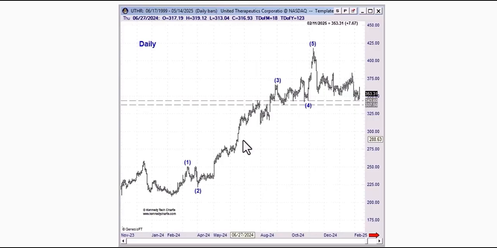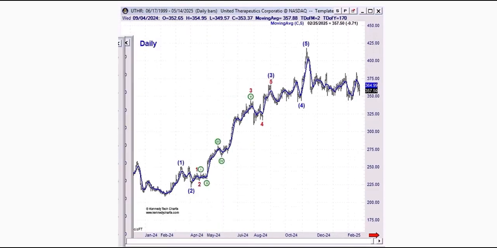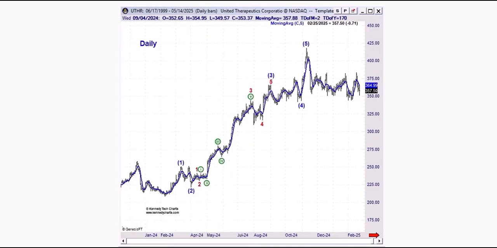Okay, so step back. Now, one trick that I've developed, and again, this is nothing magic or brilliant, but a lot of times what you can do is simply apply a 5-period simple moving average. That's all this is. And a lot of times when you do this, it brings out the substructure. It brings out the moves.